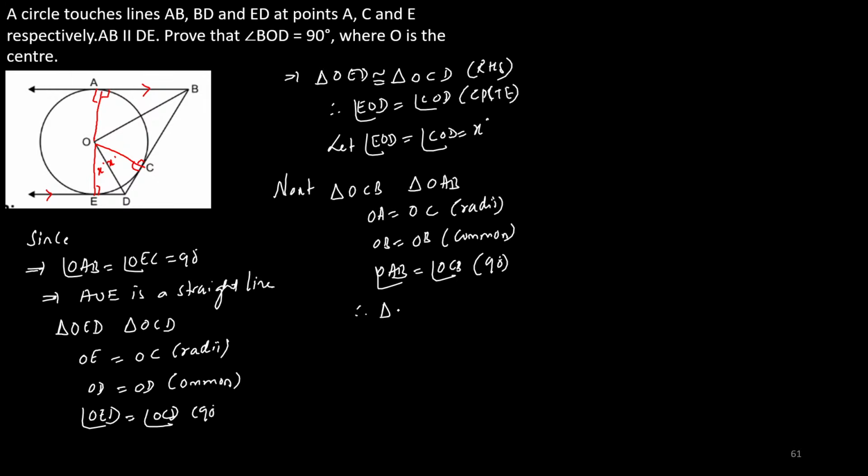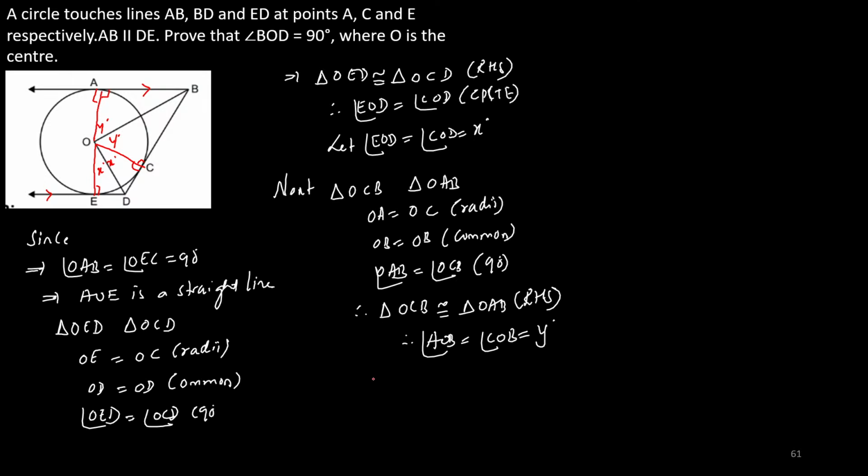So therefore triangle OCB is congruent to triangle OAB. That is RHS congruency, right angle, hypotenuse and side. Therefore angle AOB is equal to angle COB, that is equal to y degrees. Now I will take this as y and y.